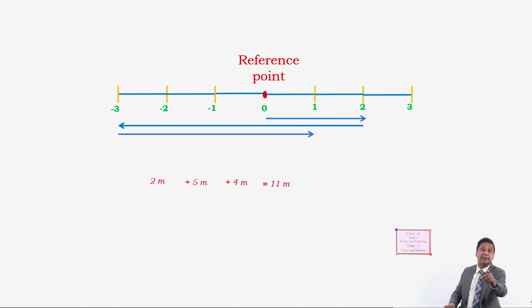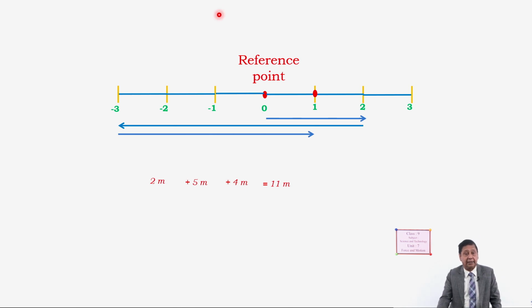And exactly this is the distance covered by the body. Distance is not related to direction, whether it is covered on the left hand side or right hand side or towards upward or downward direction. It doesn't make any difference. But the total length of the path covered by the body is 11 meter, and this is called the distance covered by this body.